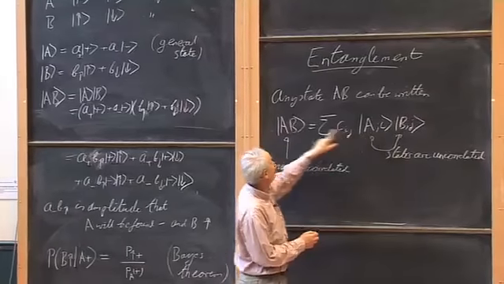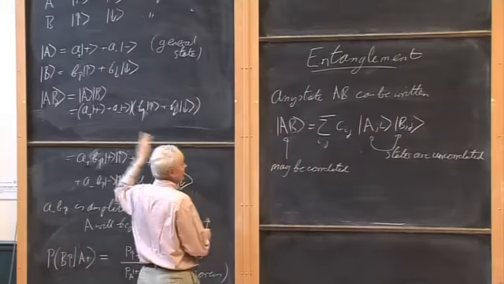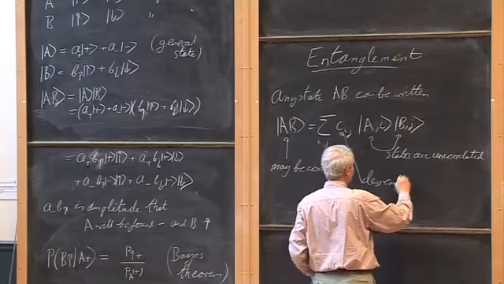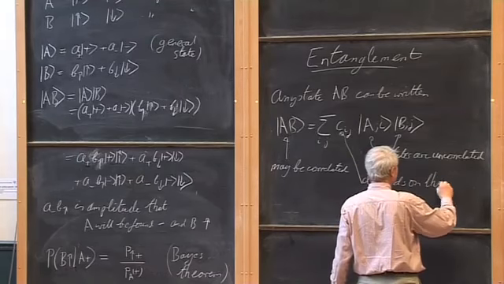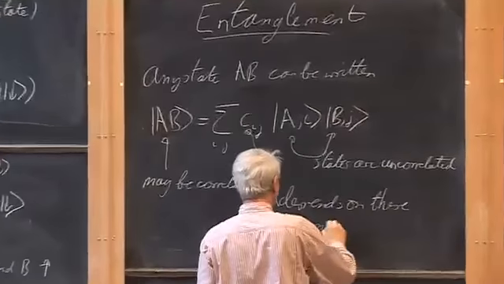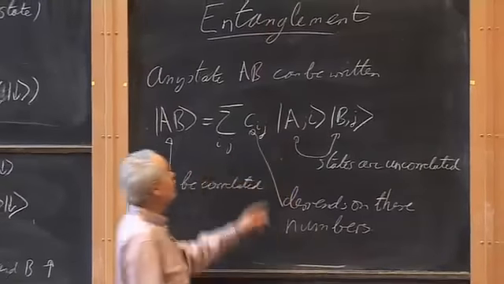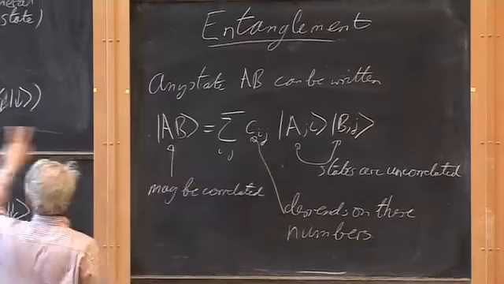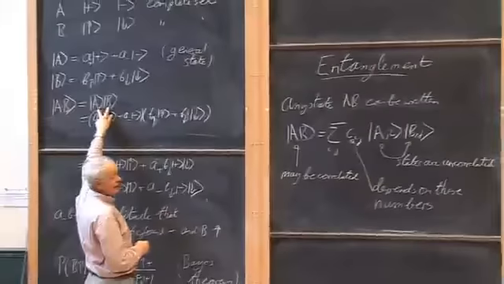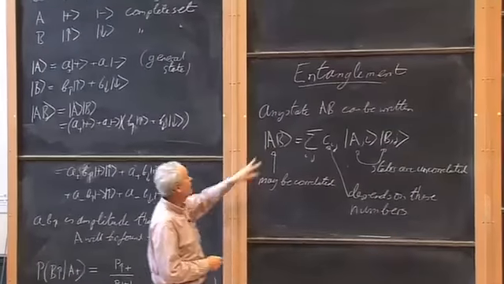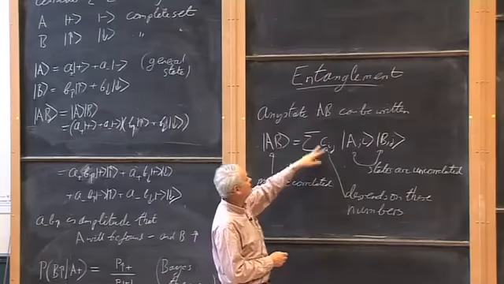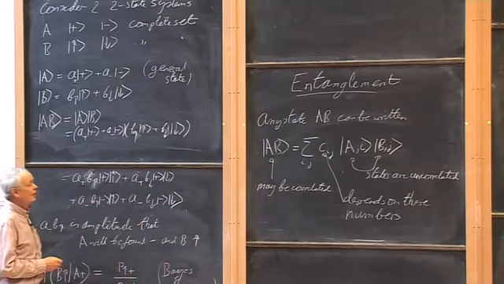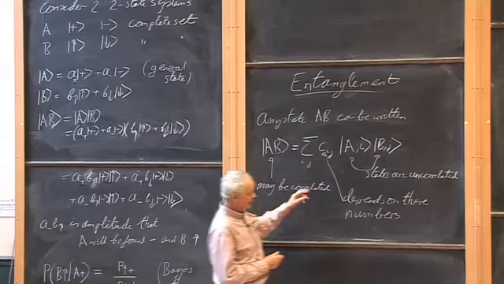Whether this thing can be written as a product of two separate states depends on these numbers. Now, we haven't got time to go into what property of these numbers ensures that you can do a decomposition like this into uncorrelated states, which makes this state uncorrelated. You can find a complete account of it in the book, and there are problems investigating this.